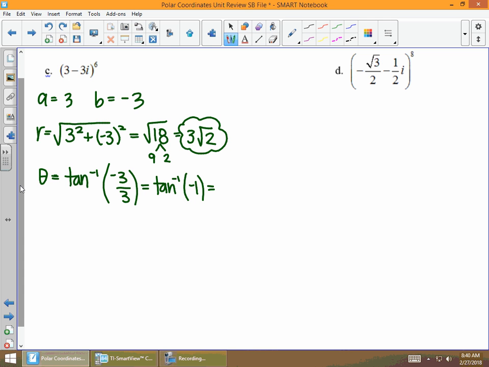We kind of have to think unit circle backwards. If A is positive and B is negative, we should be looking for a quadrant 4 angle. And our quadrant 4 angle where tangent is -1 is 7 pi over 4.